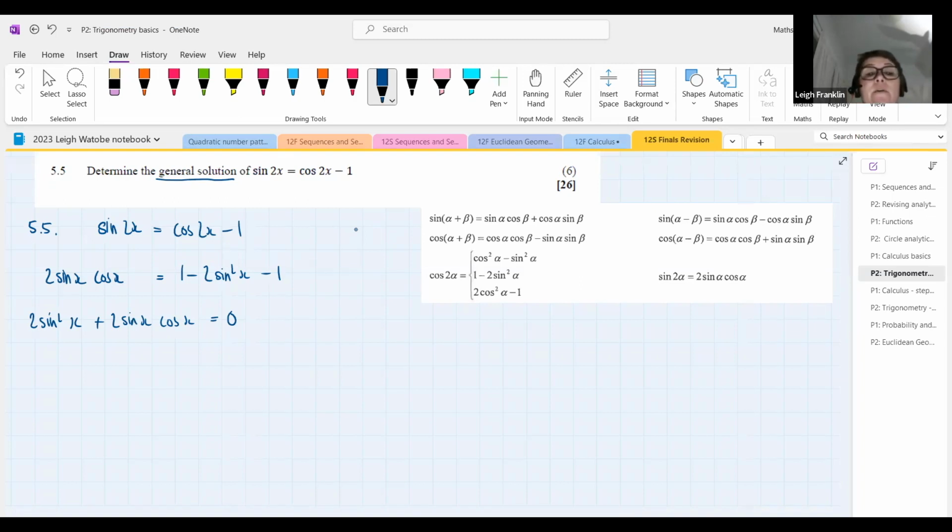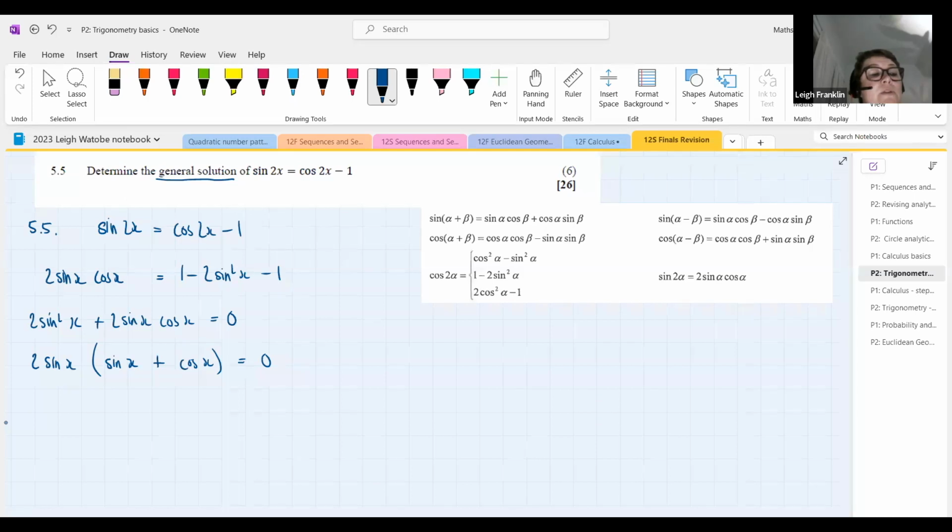Thank you, Avio. Yes, Shoshana, we're now going to take out a common factor of 2 sine x. Okay, so that means here in the brackets, we've got sine x plus cos x, and that will be equal to 0.